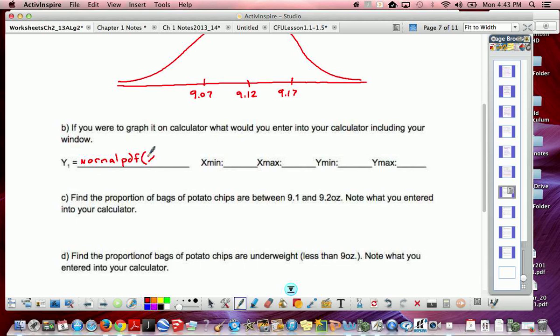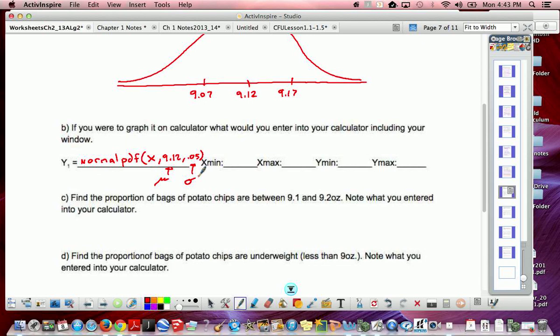We enter in the variable x, we enter in the mean, and we enter in the standard deviation. So again, this value is your mean, and this is your standard deviation. I'll show you how to enter that in your calculator in just a second, but I want to get the window for us.